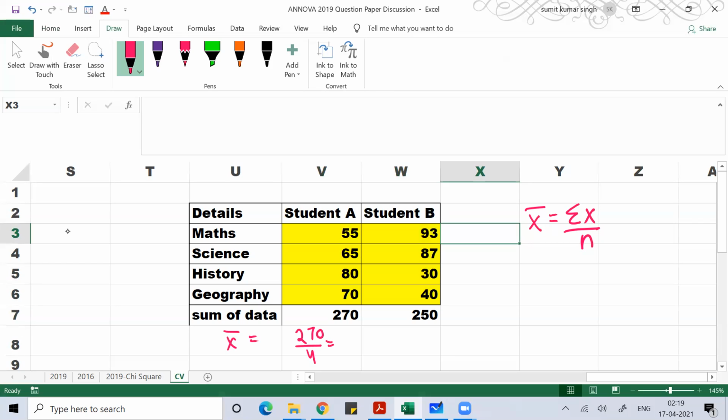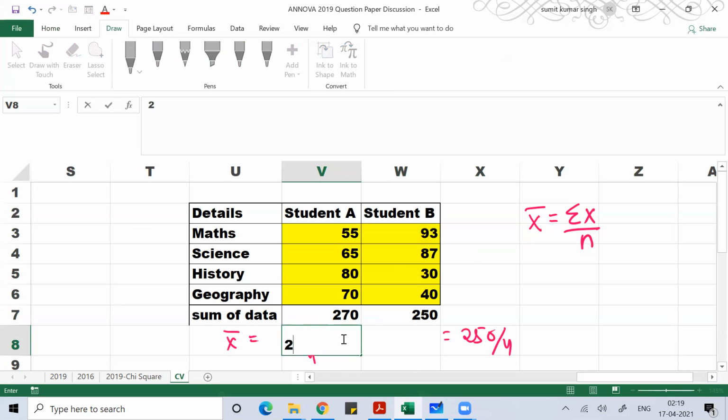Similarly, 250 divided by 4. So 270 divided by 4 and 250 divided by 4.